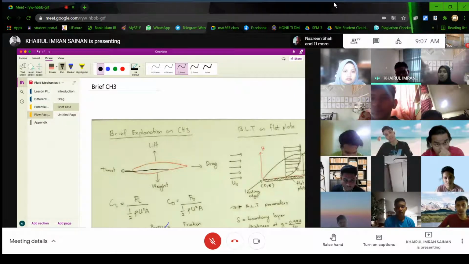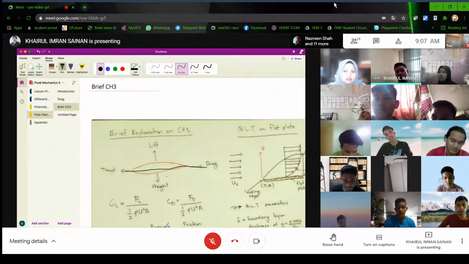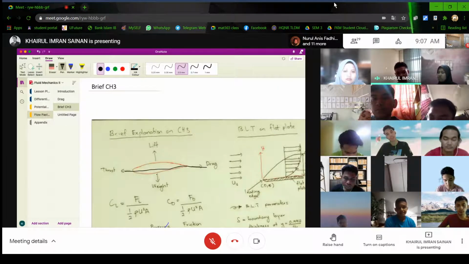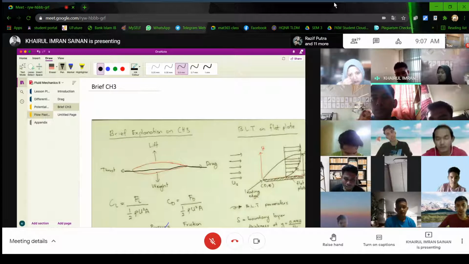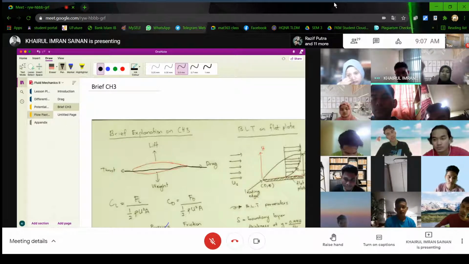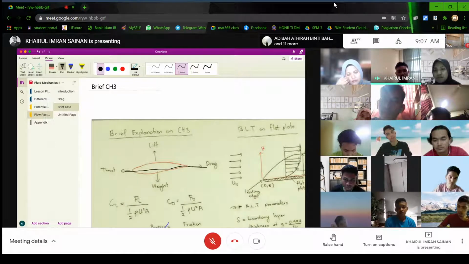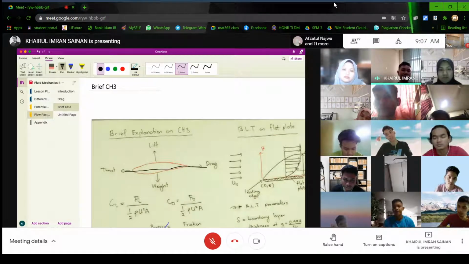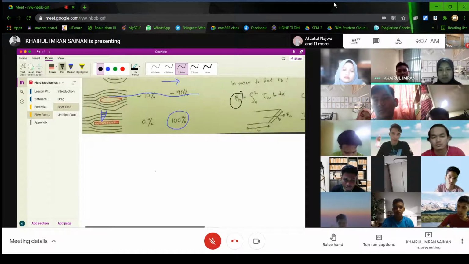So I put this center line. The center line should be a straight line. Top and bottom cannot be the same. If it is the same, the velocity at the top and the bottom is going to be the same, so nothing happens, right? So top and bottom are not going to be the same. That's why we design it differently in order to achieve lift.